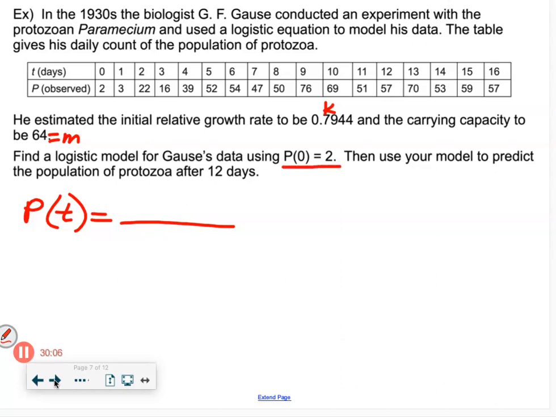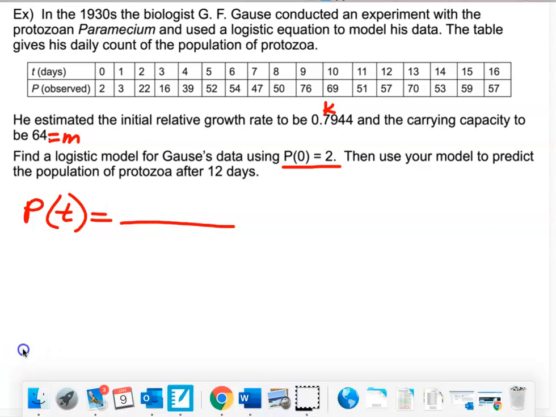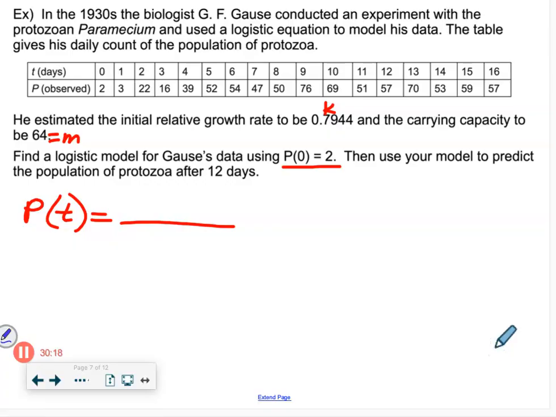You're starting with 2 paramecium. All right, what number goes on top? 64. What number always goes over here? 1 plus A e to the negative 0.7944 t.